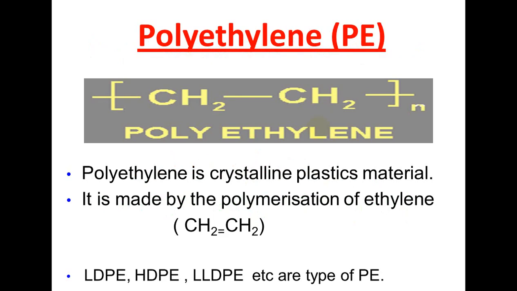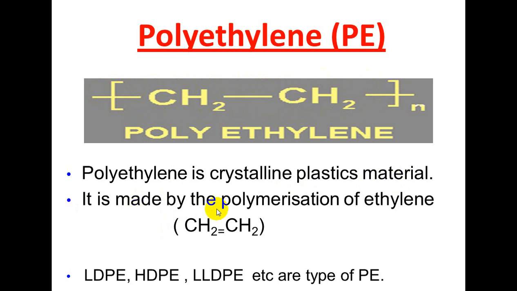Polyethylene, that is PE, and how the molecules form the chain. This is the pattern in which the molecules are connected to each other. It is a straight chain polymer. So polyethylene is a crystalline plastic material.